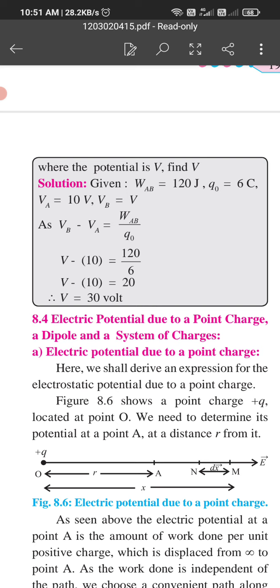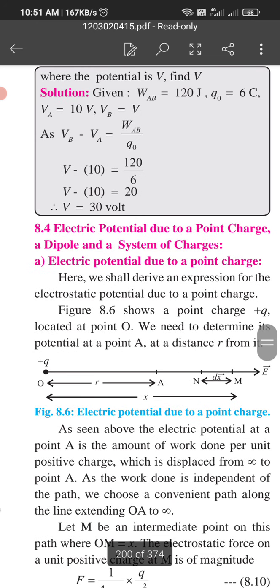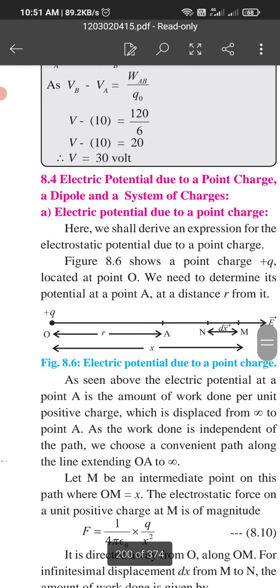Distance between N and M is equal to dx. Let M be an intermediate point on the path where OM is equal to x.